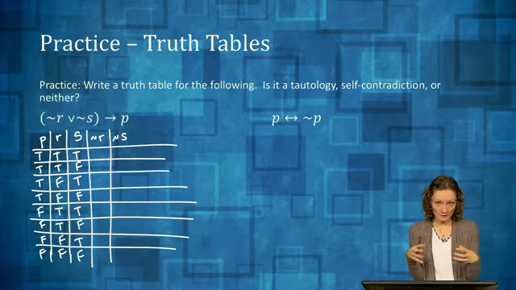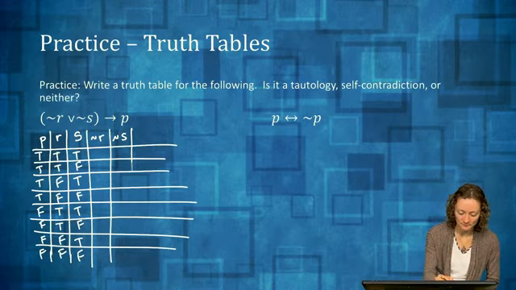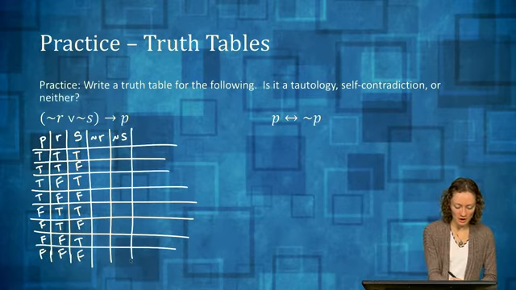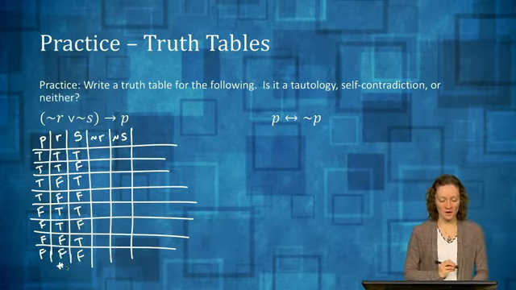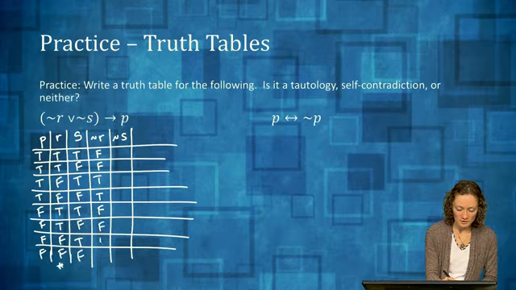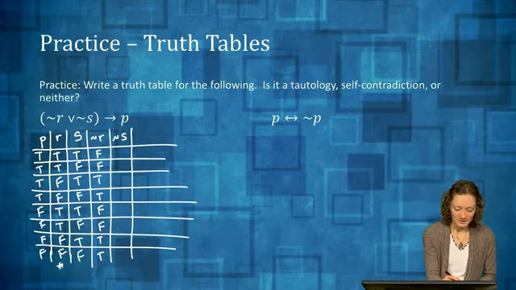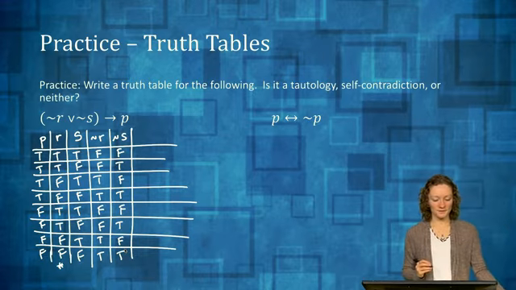Some parts have to follow a specific order, but some things can be done in different orders and it doesn't matter. Negation R comes simply from the R column, the opposites: false, false, true, true, false, false, true, true. Negation S becomes false, true, false, true, false, true, false, true.